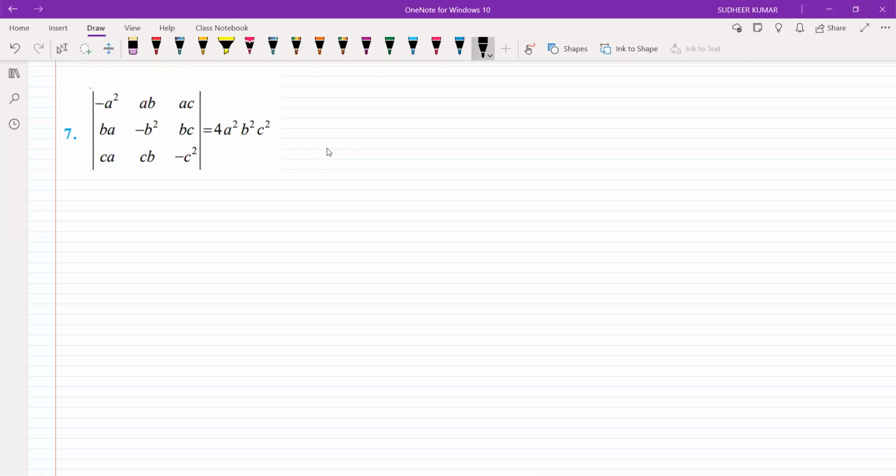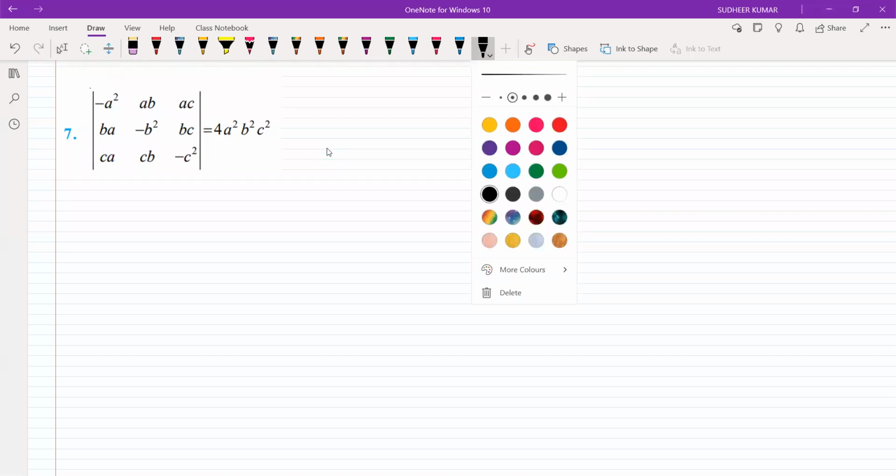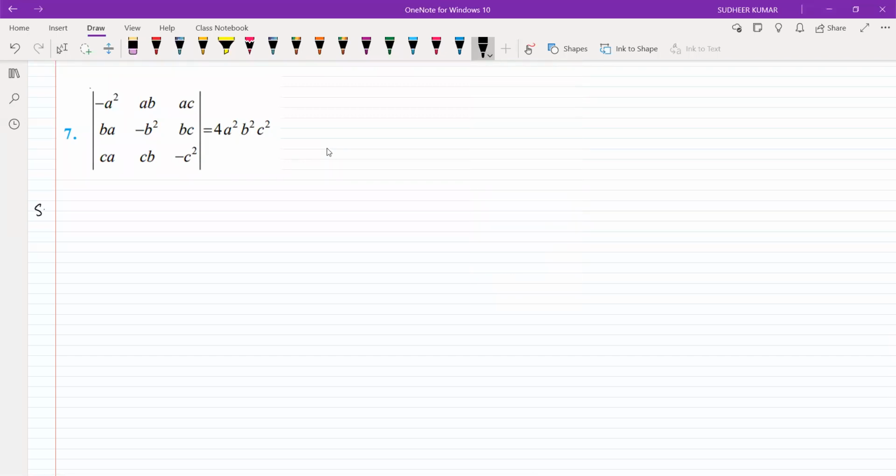So let us go to the seventh one. Here, when they ask to prove these identities, we should look at the left side part as well as the right side part. So try to adjust the left side parts as the right side terms.